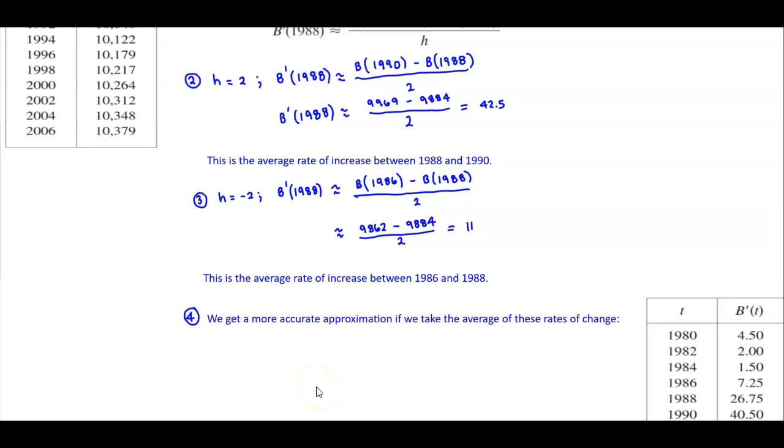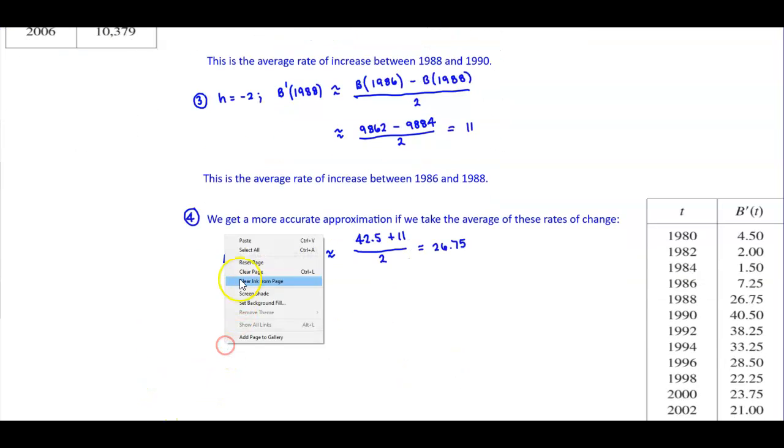So the average of these rates of change, for b prime of 1988, is approximately 42.5 plus 11, and then divide that by 2, which is going to give us 26.75.